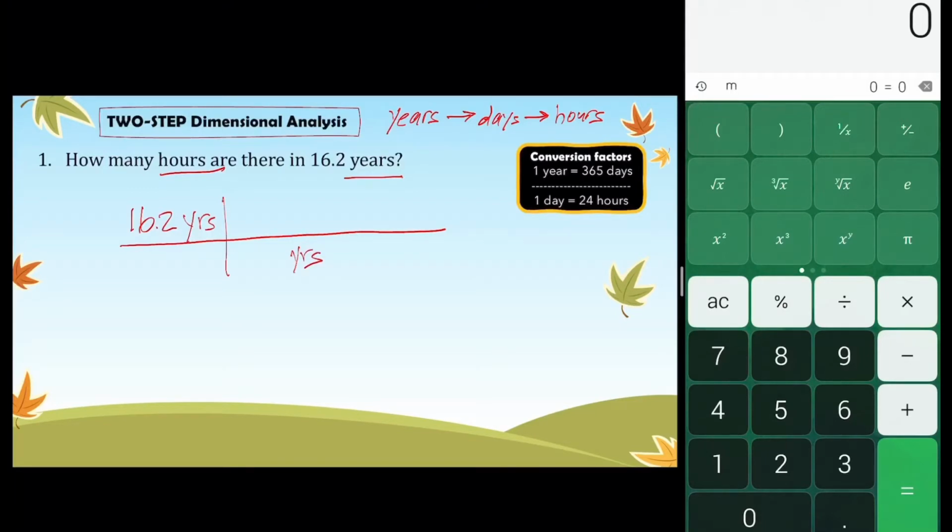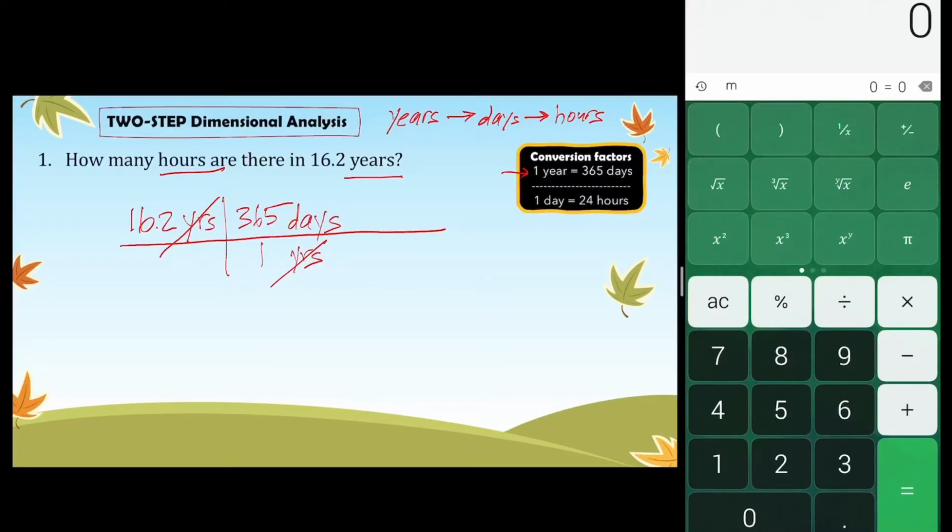And then since we're given 1 year equals 365 days, days will be in the numerator portion of this conversion factor. We're going to plug in our numbers. 1 year equals 365 days. And I do that so that the years cancel, and then we'll be able to multiply the numbers up at the top, which are the numerators.